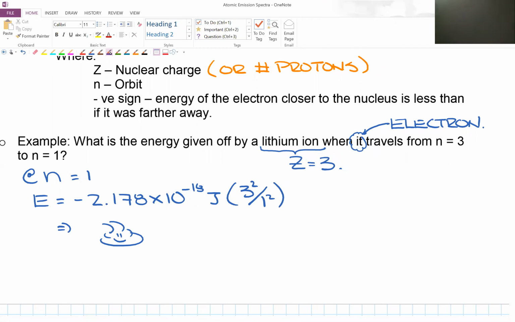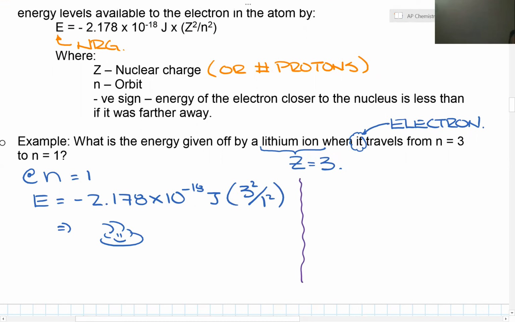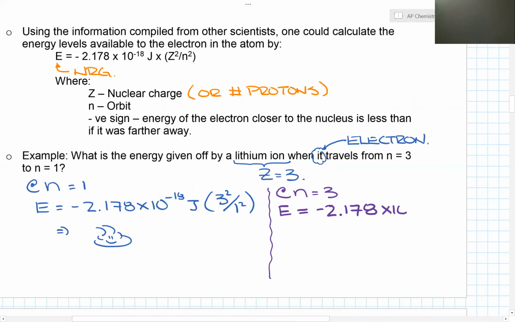Now, you do the exact same thing, but at n equal to 3. So you have E equal to negative 2.178 times 10 to the negative 18, and then you multiply it again by Z squared over n squared.